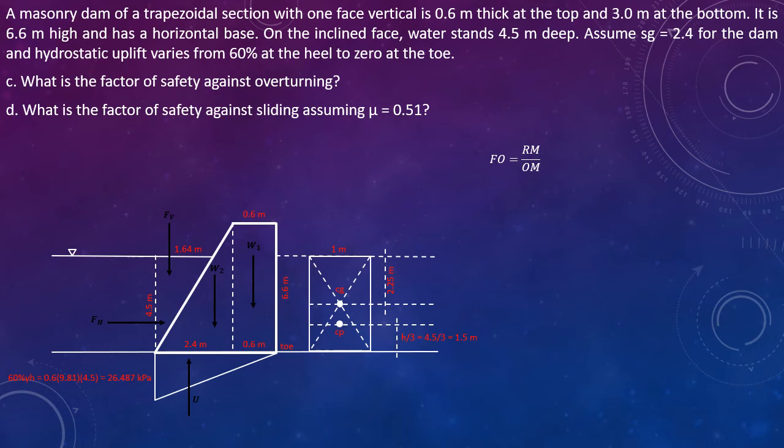These two moments were just solved a while back, so we simply substitute. FO is equal to 1.65. And FS, or factor of safety against sliding, is equal to mu s Ry over Rx. Again, we simply substitute. FS is equal to 1.42.